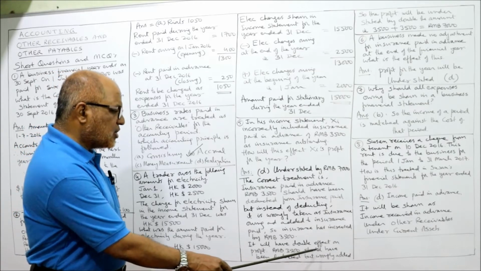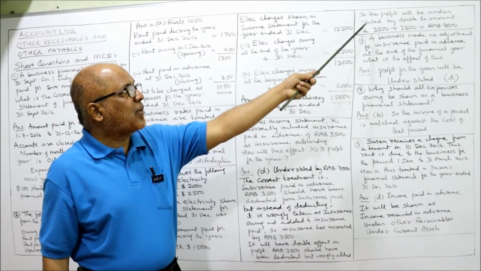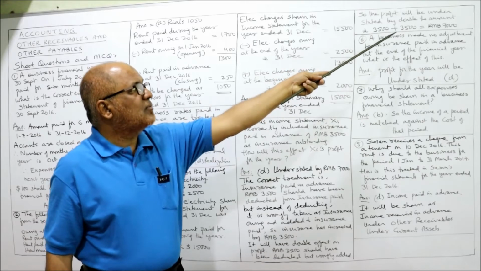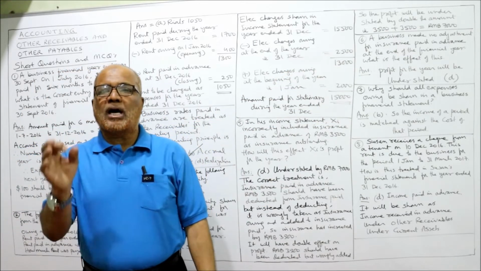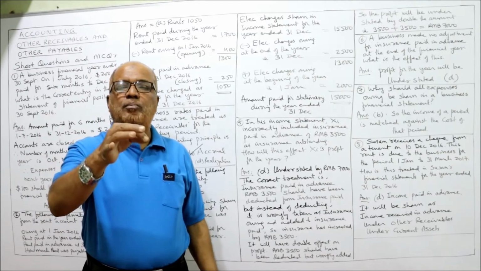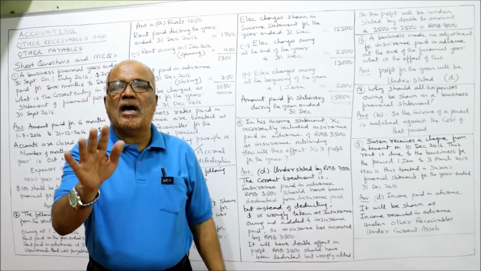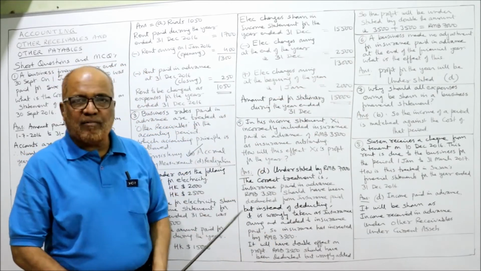RMB 3,500 should have been deducted but was wrongly added. So the profit will be understated by double the amount: 3,500 plus 3,500, RMB 7,000. The correct answer is that the profit will be understated by RMB 7,000. That's it. This is the end of problem number 5.